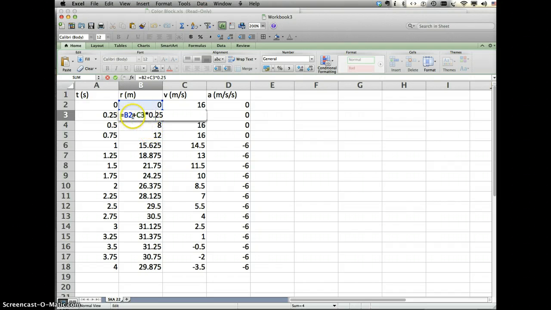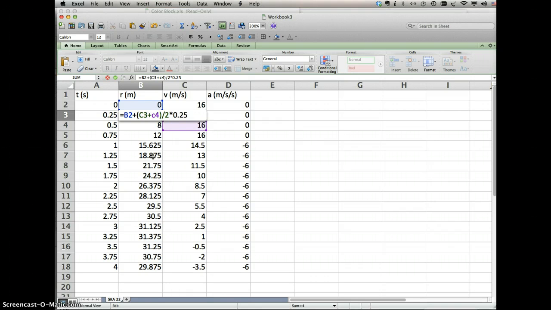And so it's still going to be equal to B2 because I want to know what I was traveling previously. But rather than just multiplying C3 times the time step, I'm going to do a little calculation. I'll open up a parenthesis. It'll be C3 plus C4 divided by 2.